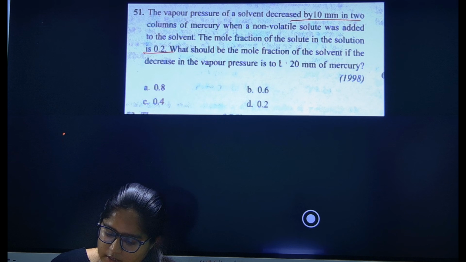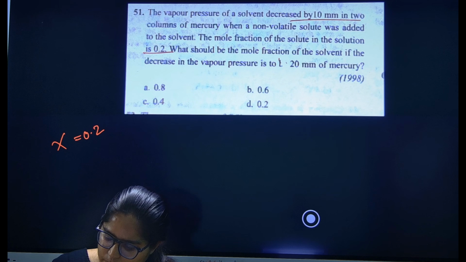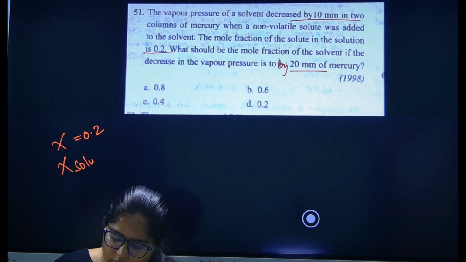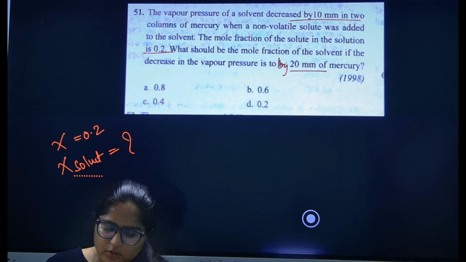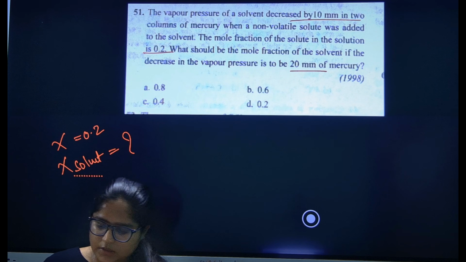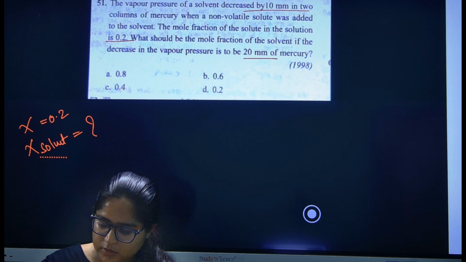What should be the mole fraction of the solvent if the decrease in vapor pressure is 20 mm of Hg? So they are asking for the mole fraction of the solvent. Okay, fine.